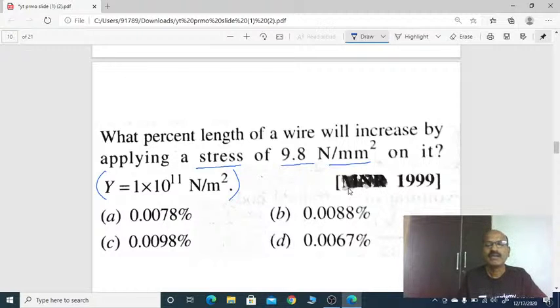Now, we know that strain is change in length by original length.